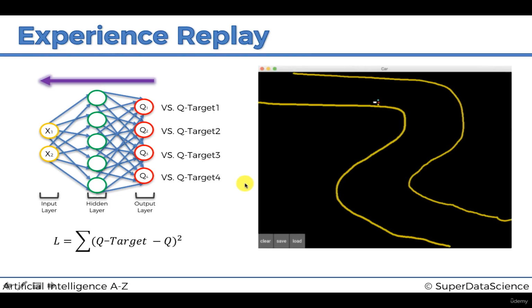So it doesn't take all the experiences, it just takes a uniformly distributed sample. So it might take a couple from here, a couple from here, a couple from here, and each experience is characterized by the state it was in, the action that it took, the state it ended up in, and the reward it achieved through that action in that specific state. So 4 elements in each experience: state 1, action, state 2, and reward. And so it takes all those experiences and then passes them through the network and it learns.